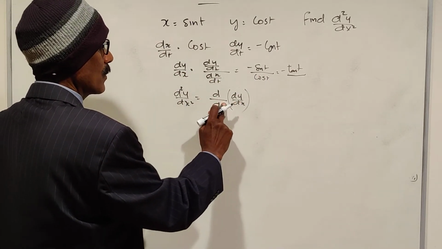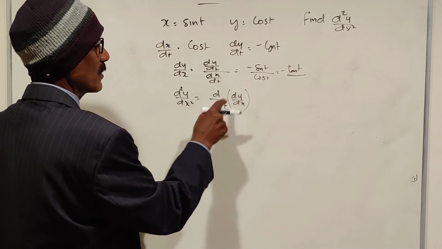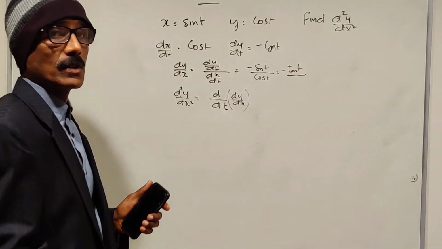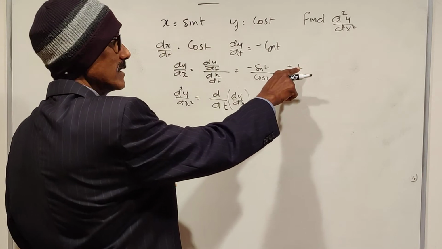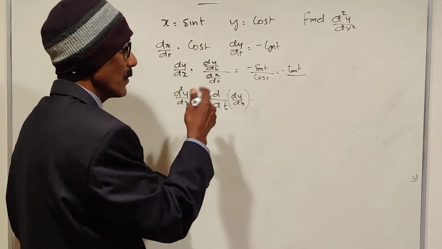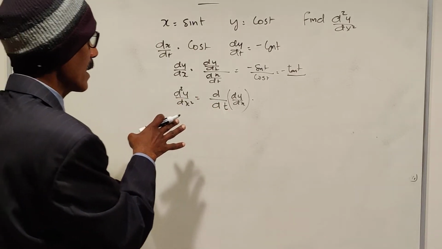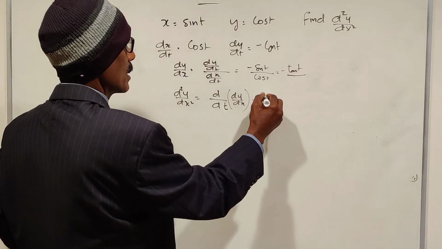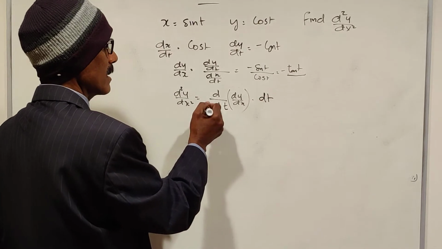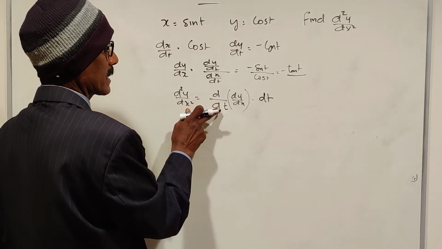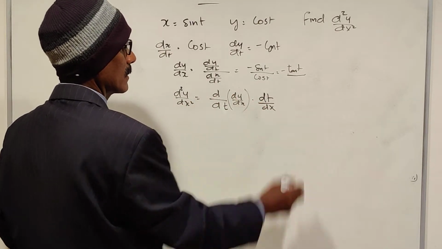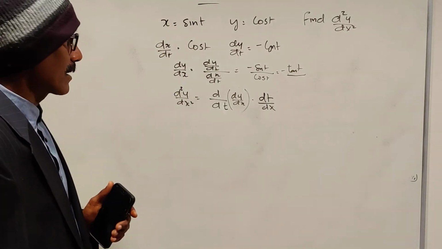You need to differentiate the first derivative with respect to t. You can differentiate with respect to t because tan t is a function of t. So you need to change the formula to dt, and dt cancels. Before it was d by dx divided by dx. Right now the formula is right.